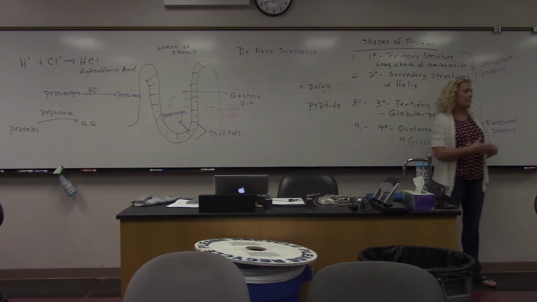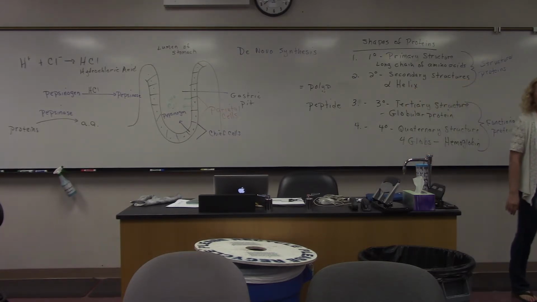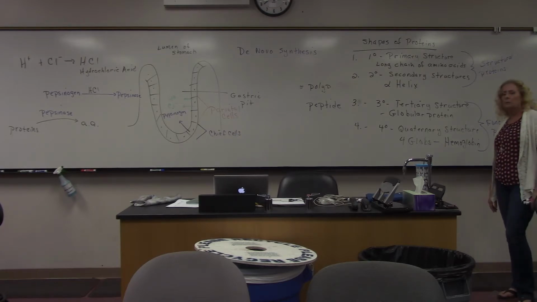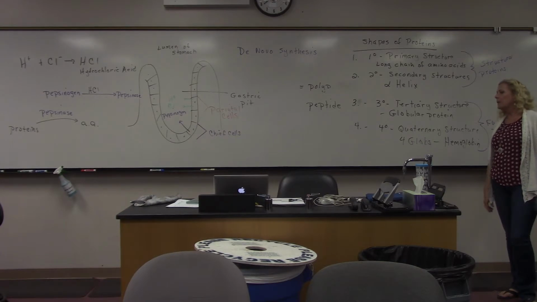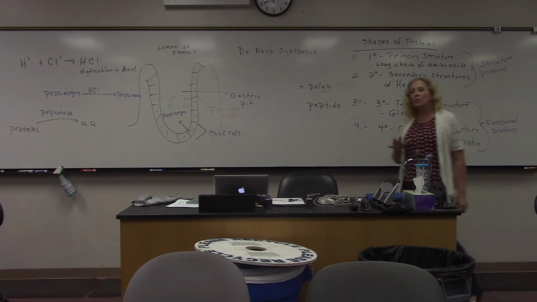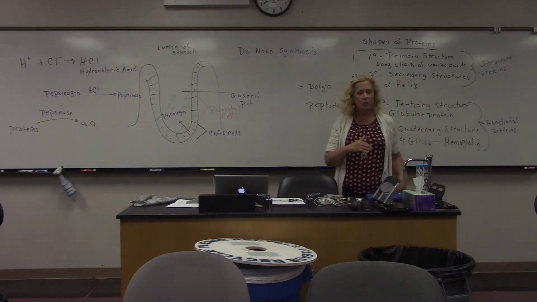So this is the major digestive process for our proteins. Lots and lots of it is happening inside the stomach. Now there's also a little digestion in the small intestine too.